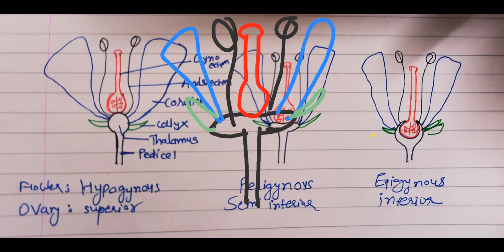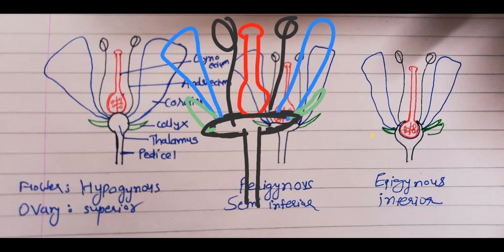So when we see this, if a flat disc-shaped thalamus is present, can we say that all these whorls, whether gynoecium, androecium, calyx, corolla, are arranged almost at the same level? Yes or no?